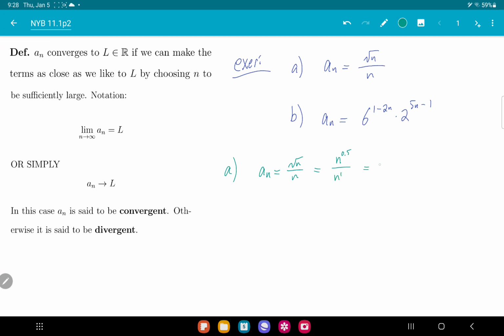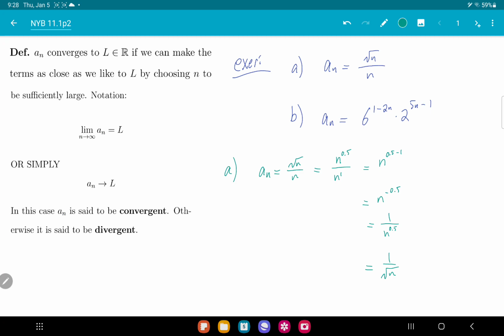And subtracting exponents gives me n to the negative 0.5, which is 1 over n to 0.5, 1 over root n. Okay, with practice, you can skip right from here to here, but there are the details.